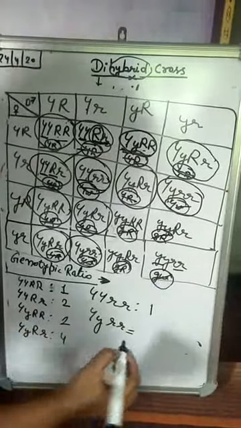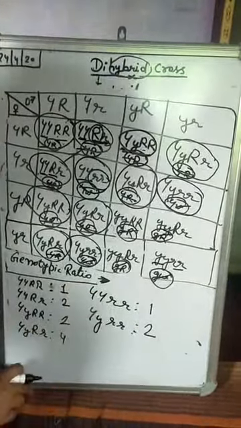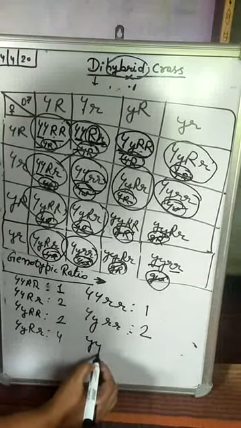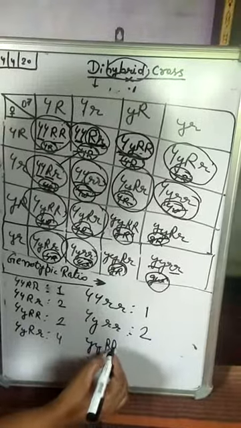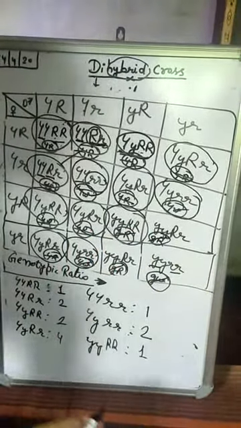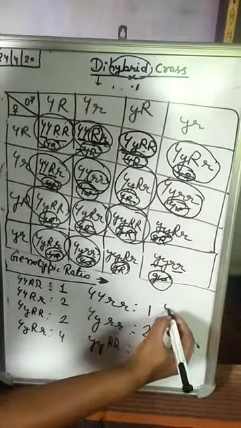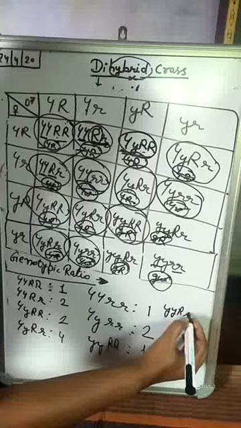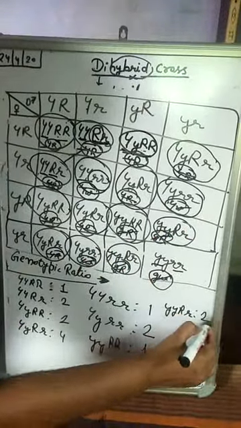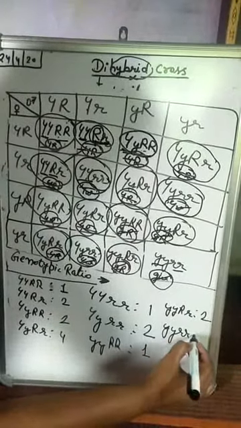Here, only two are there. The next one is small y, capital R, capital R. Only this one. The next is small y, capital R, small r, 1 and 2. And the last one, small y, small r, small r, only one.